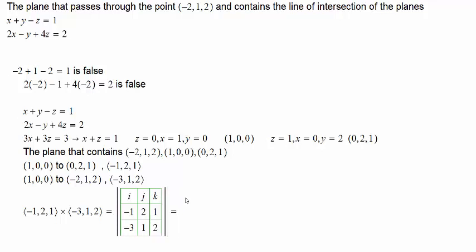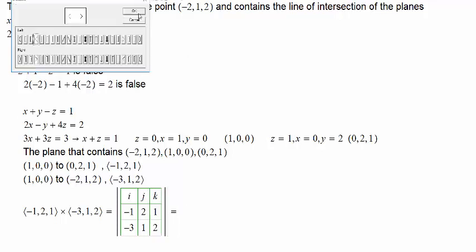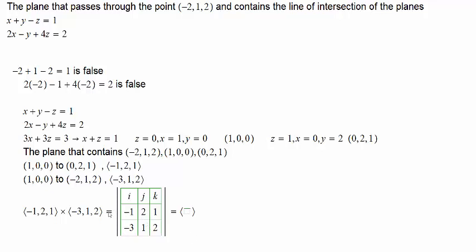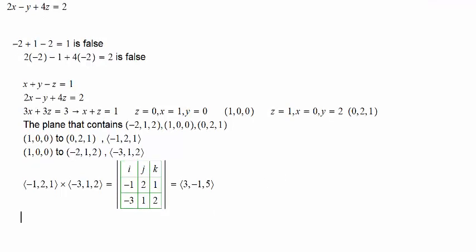And that will give us a vector that is perpendicular to the plane that we desire. So that is, say, 3, because for the first component, 4 minus 1 is 3. For the second one, negative 1 plus 2 is negative 1, and for the third component, negative 1 plus 6 is 5, right?